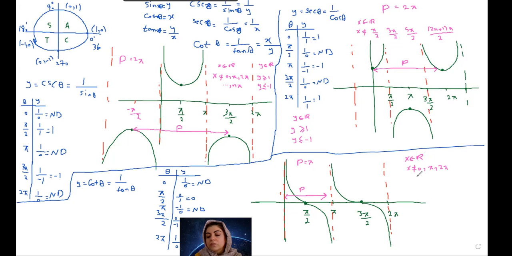Say x cannot be n pi, where n is any integer from negative infinity to positive infinity. For the range, y belongs to R, there are no restrictions. You see, it goes up and down forever, meaning it includes all of the positive and negative values of y.